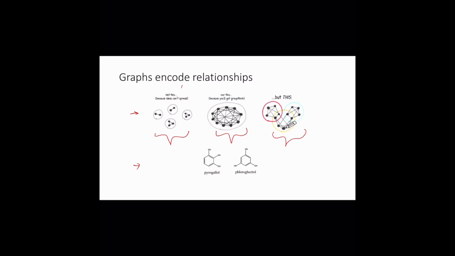Then in the first case, if let's say this person comes up with a good idea, we would like the idea to be passed on to these other groups for further discussion, but that cannot happen because there are no edges connecting these disparate groups.